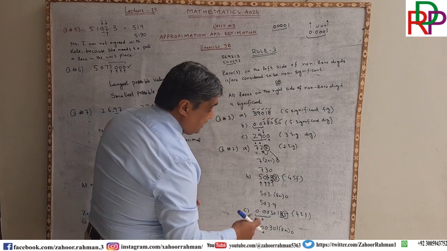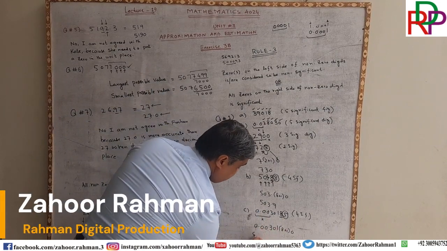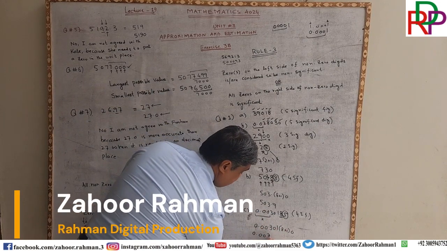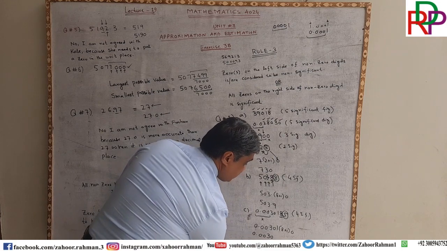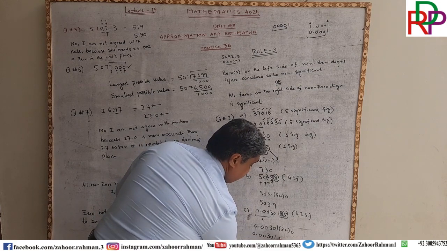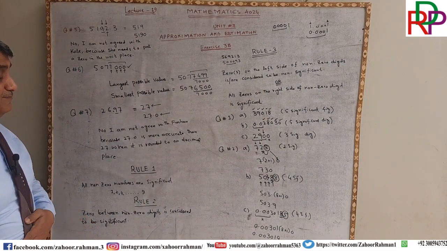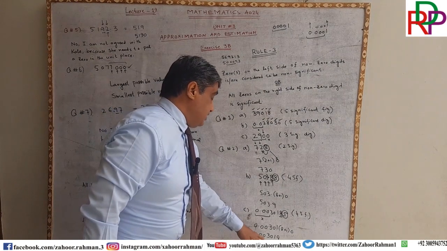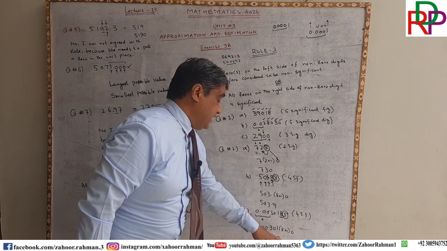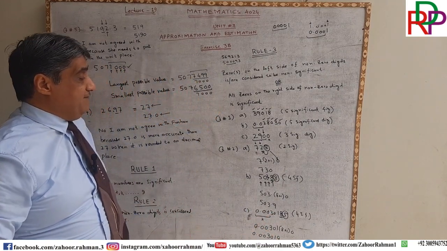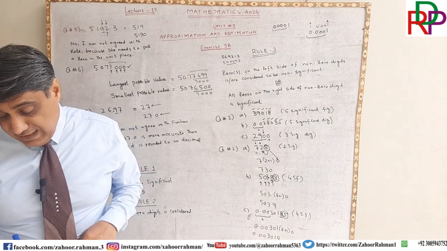So it will be till 4 significant. 0.003 is significant, 0 is significant, 1 is significant, and 9 is significant, because we need till 0.003019 to significant figures. So this will be the answer.